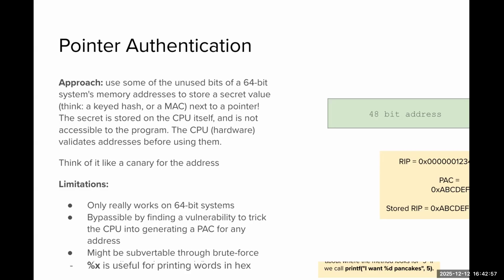So any pointer that we store in memory, we can have like a canary, like an early warning system of that pointer getting modified that we can check every time we want to use that pointer. So we use those 16 bits as sort of like a pointer authentication code so that we can make sure that those pointers are not modified before we use them again.